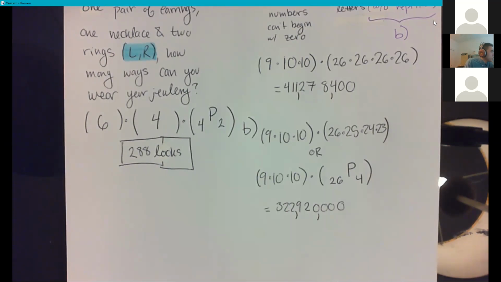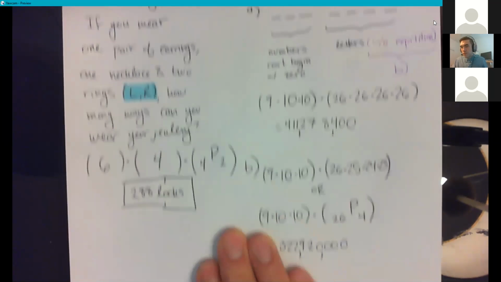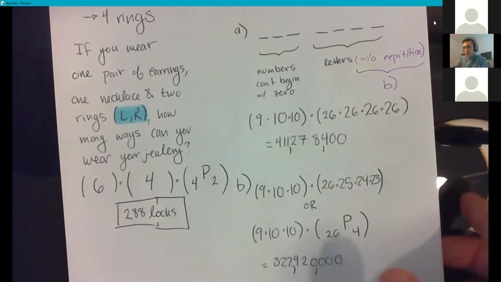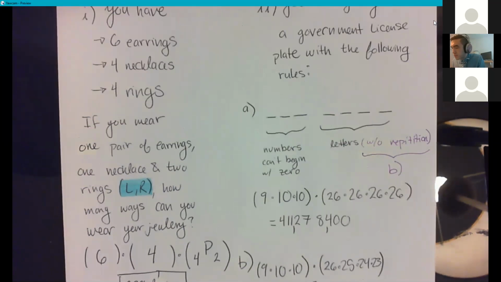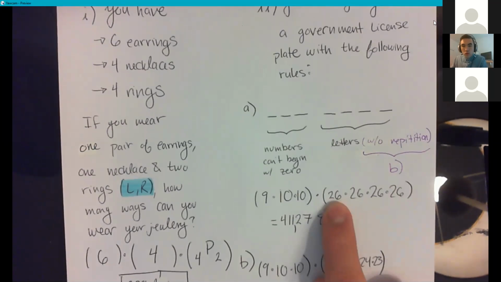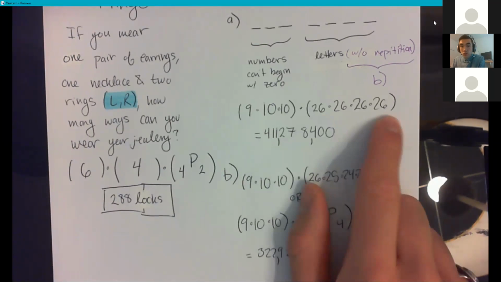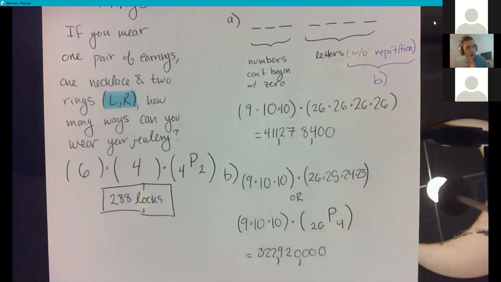Oh wait, no, for the do now, not for the homework. Part A for the do now. Computation is when there are no restrictions, right? So why can you use combination for that? Oh, now I understand.